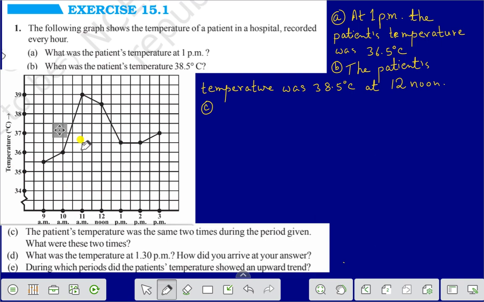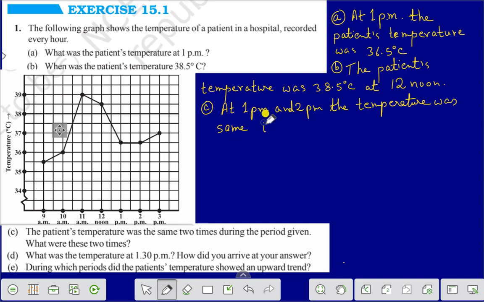Here you see at 1 p.m. it is 36, at 1 p.m. and 2 p.m. the temperature was same.